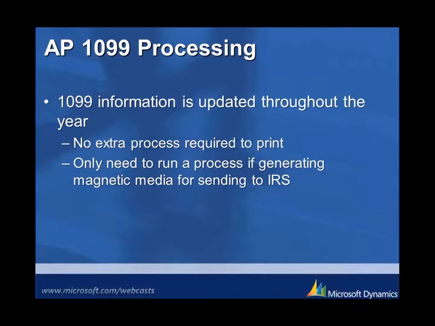There's no extra process required. Unlike W-2s and things over on the payroll side, we don't have to run a calculation process or anything like that. These things are automatically recorded to the vendor right off the bat. The only time we need to run any kind of process is if we're generating the magnetic media to send to the IRS.